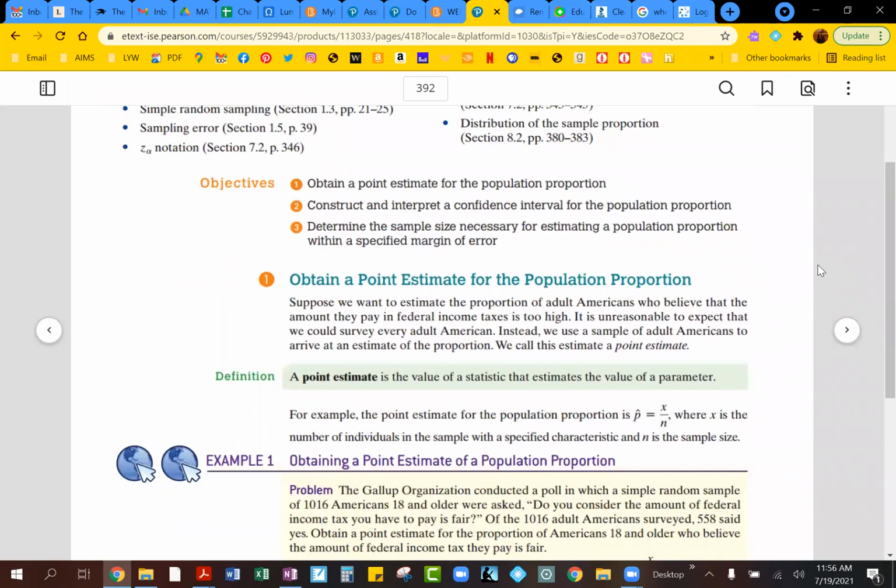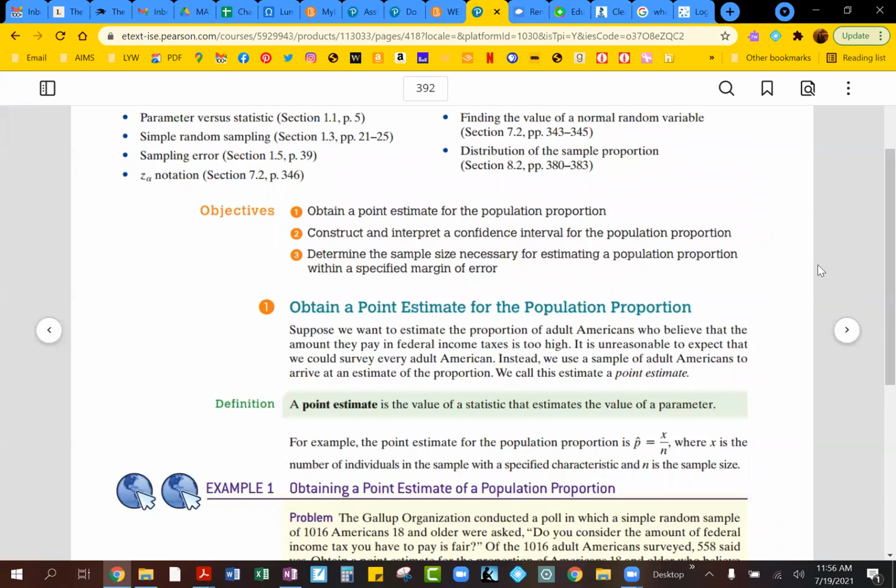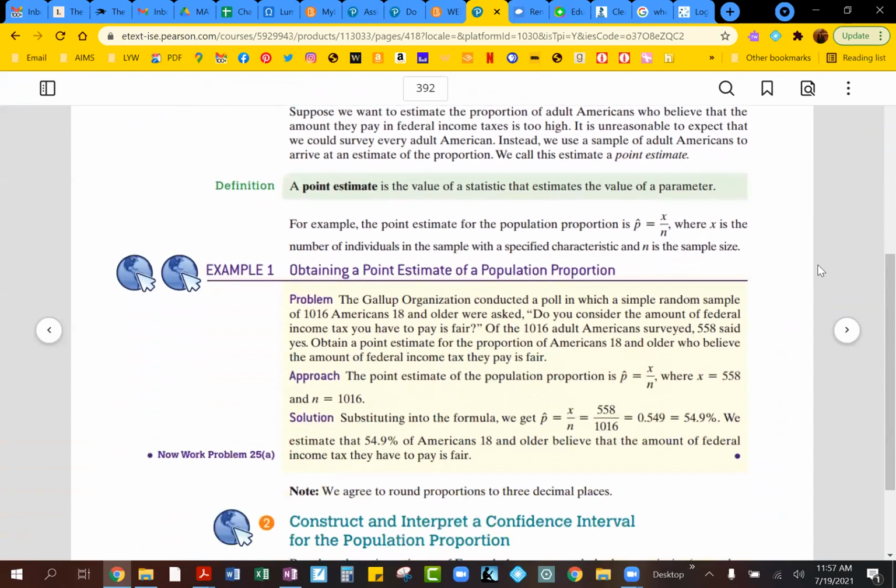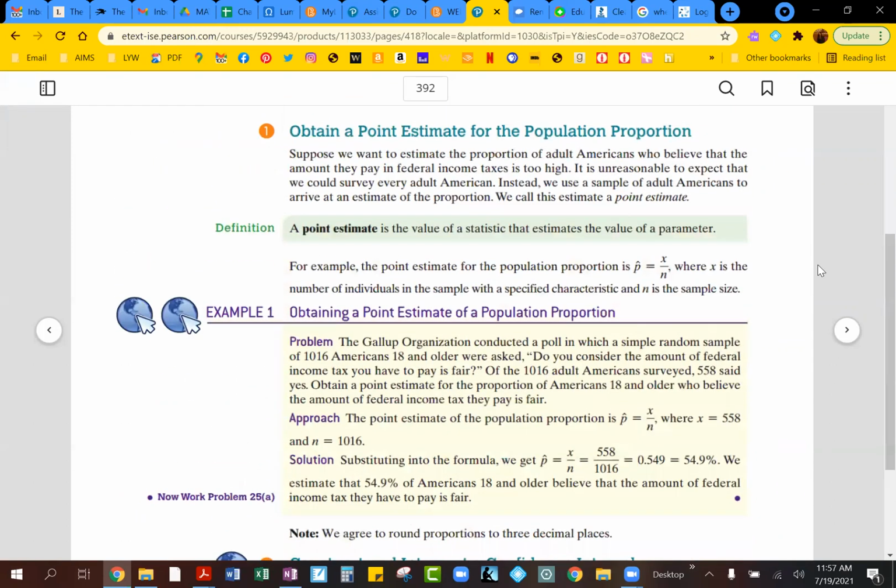But this is kind of where we get into, like I was talking about, those confidence intervals, coming up with your point estimate for a population. So it's a very basic formula here.